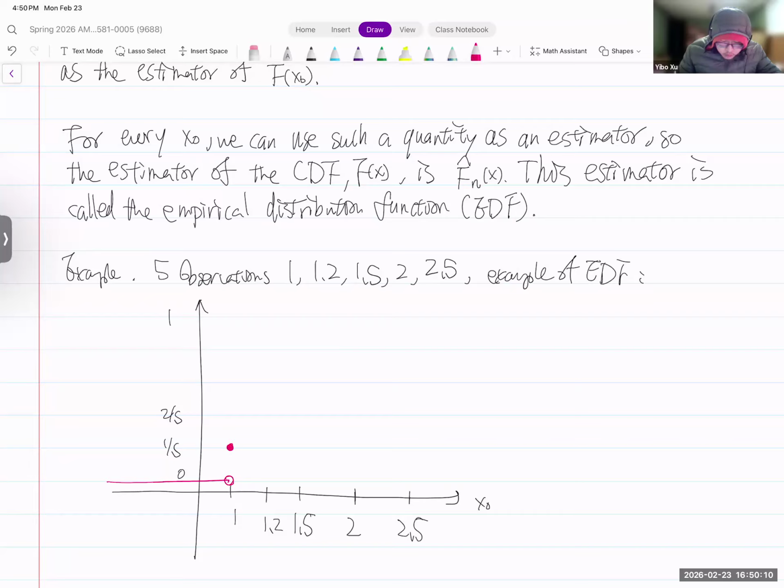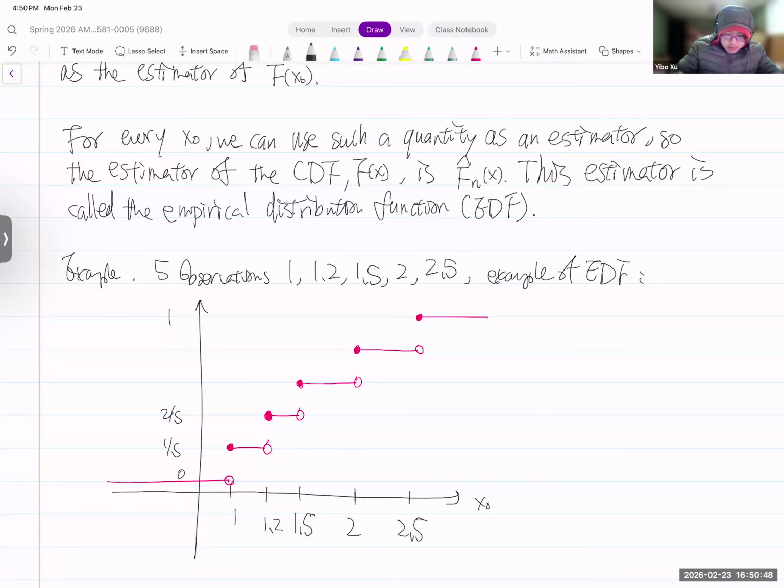When we are at 1.2, there will be two at most 1.2, and of course for larger values it's the same thing. So it's going to be like this, and like this, and then this, and then this. Here it's an open circle, open circle here, open circle here, open circle here, and all the way to the right.